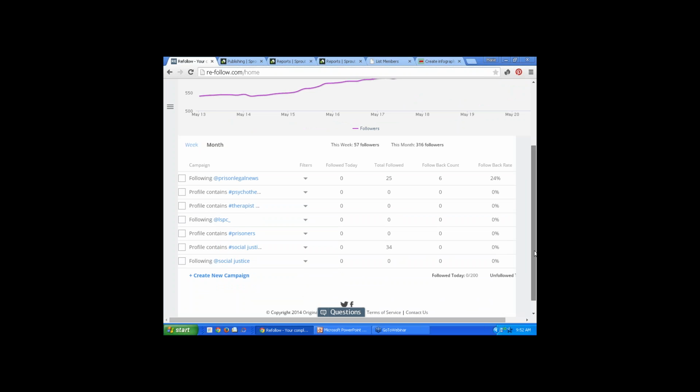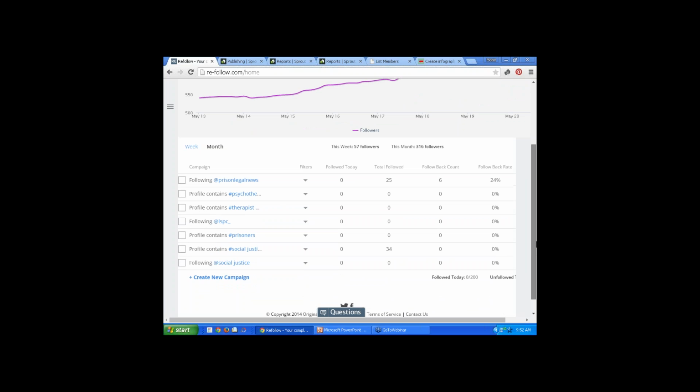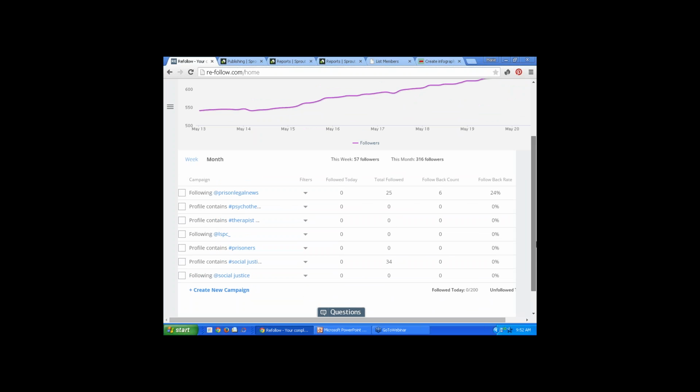We don't have a high follow back for social justice, because how we're articulating and presenting ourselves is not really social justice focused. So we can change our page and do a campaign that might focus on social justice and try that experiment again. But right now, how we state our website and how our Twitter looks, it has a higher affinity with Prison Legal News.